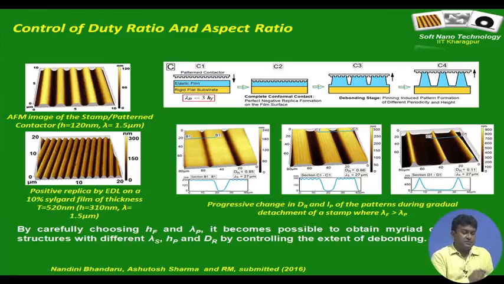Now, if there is a mismatch, if your lambda is higher than lambda p, then what happens? Lambda higher than lambda p means h is such that 3 times h is greater than lambda p. What happens is, even in this case, the elastic instability structures rather faithfully obey their natural length scale of instability.